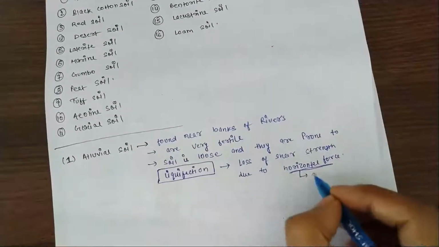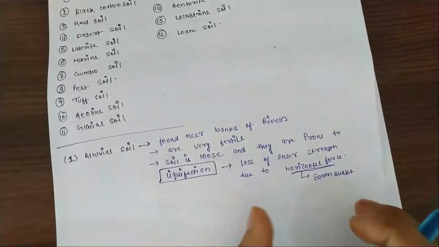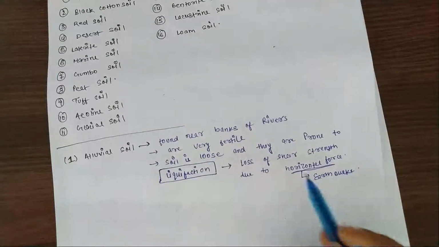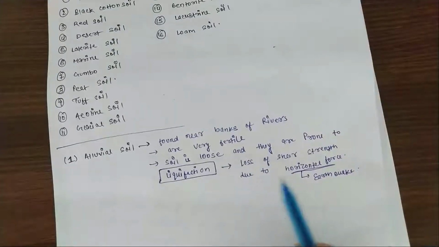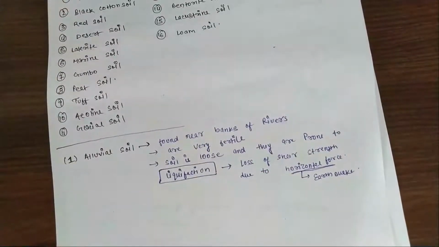It may be an earthquake. So this type of soil is not considered for your foundation works, because when an earthquake comes, this soil will be unstable. So this cannot be used for construction work.